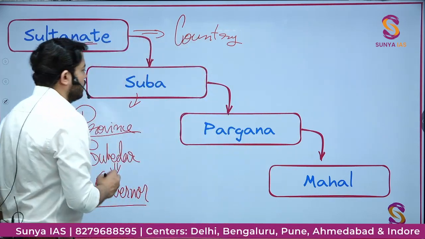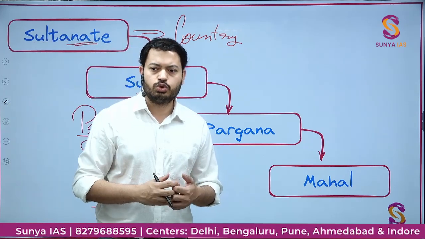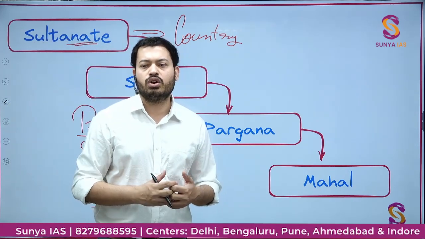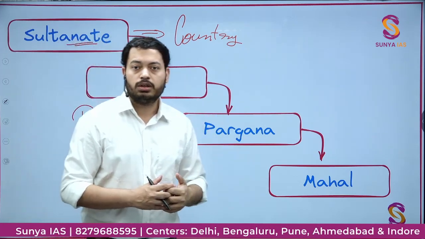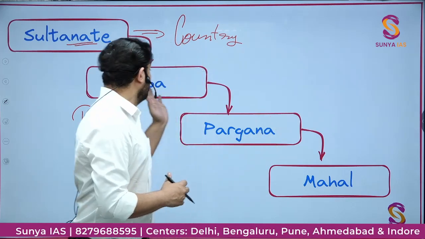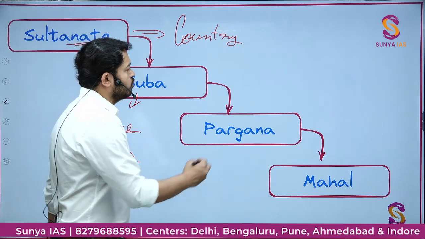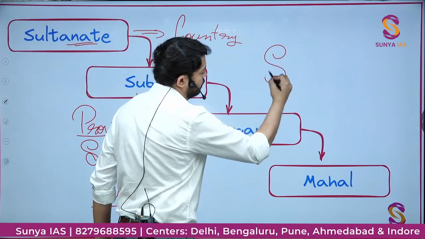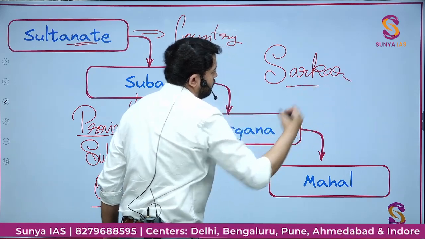Now, in the Suba, there is a thing called Sarkar, which is not mentioned here because it doesn't align with the question. For the question you needed Suba, Pargana and Mahal. But there is one more thing, and that is called Sarkar.